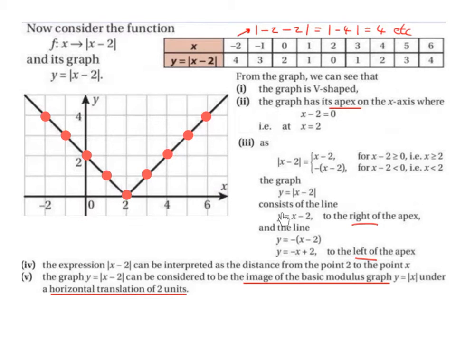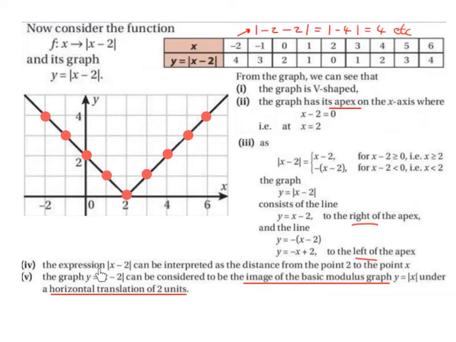So this is the line y equals x minus 2, and then we have the line y equals minus x plus 2 to the left of the apex. Putting them together, we get y equals the modulus of x minus 2.